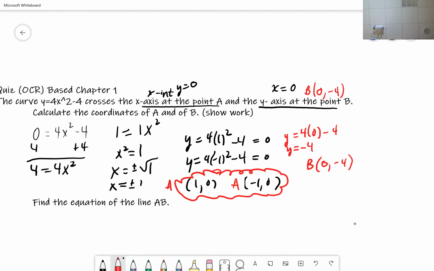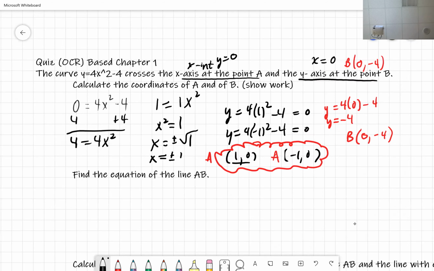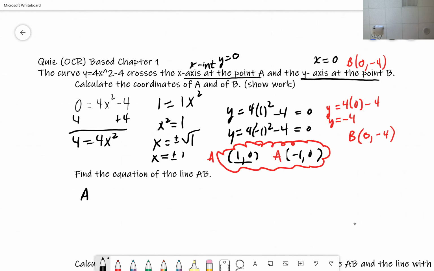Either one will work. You're just going to have slightly different equations for either one. Which one do you want to do it with, the positive one or the negative one? Yeah, positive is better for us. So let's assume we're going to use A, 1, comma, 0, and B, 0, comma, -4. So can you write an equation for that line?